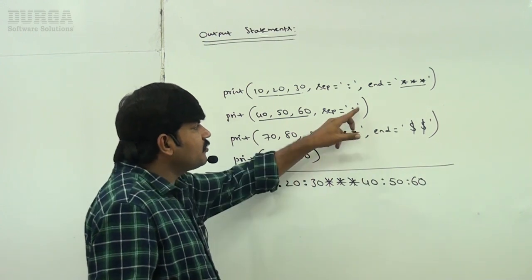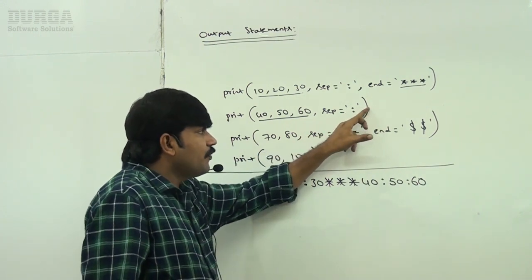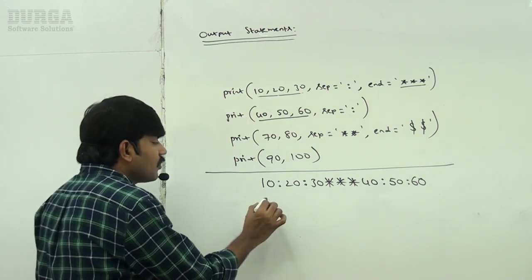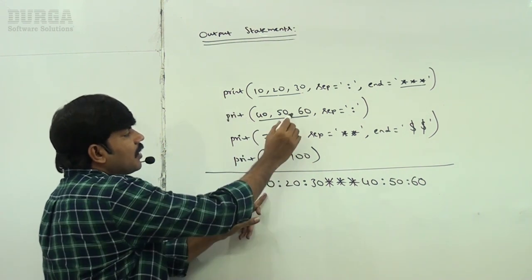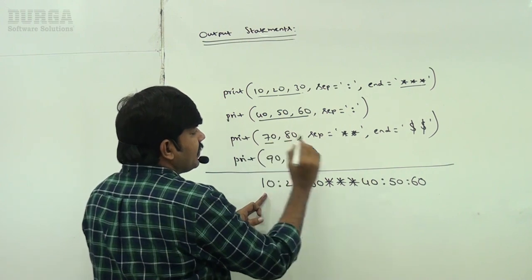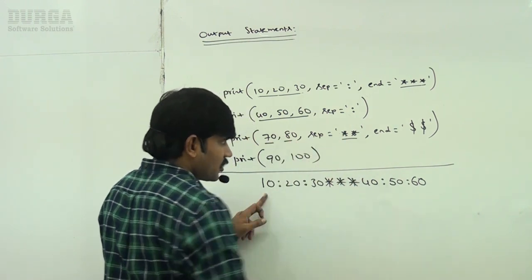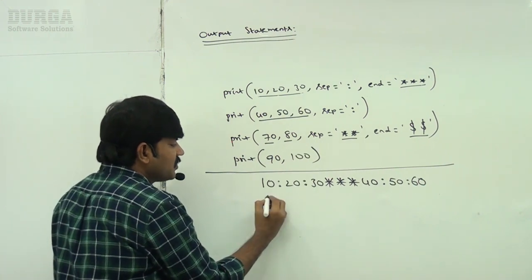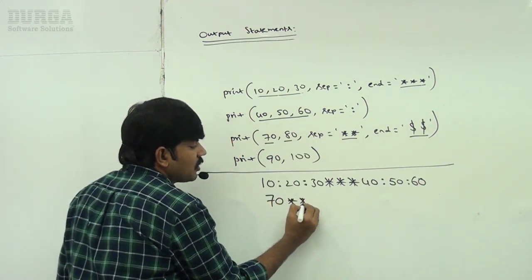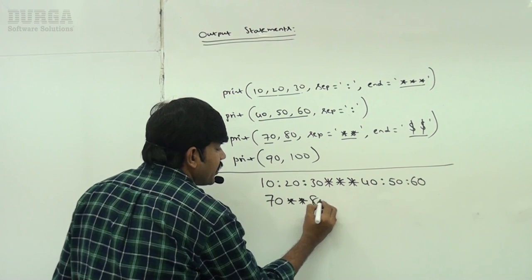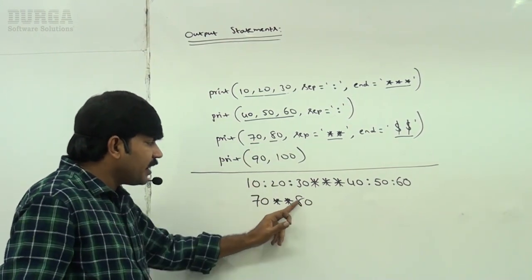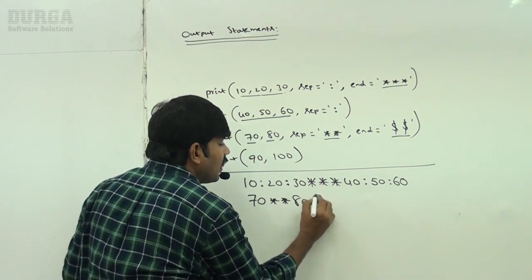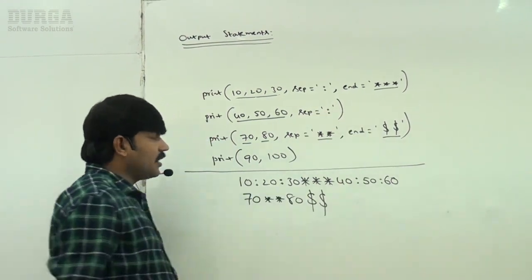Sir, you are not specifying any end attribute. If you are not specifying any end attribute, the default value for end is new line. Now the control comes to the new line. Now 70, 80, the separator is star, but the end attribute is dollar. So 70 star 80, 2 arguments printed with the star separator, but the end attribute is dollar.